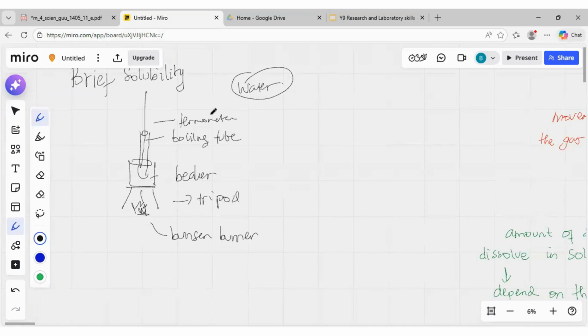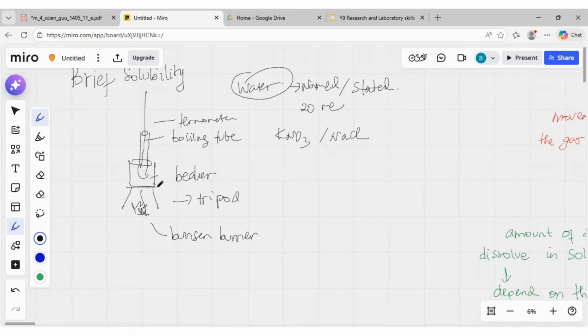And then what else? You put the water inside the boiling test tube, and you have to state the volume. Yes, 20 ml or any quantity is fine. And then add the salt, KNO3 or NaCl or any salt that you are investigating.